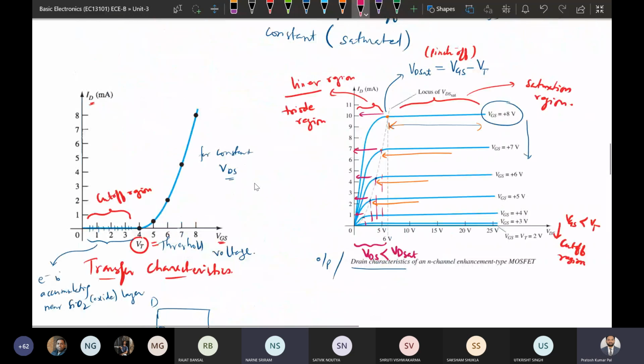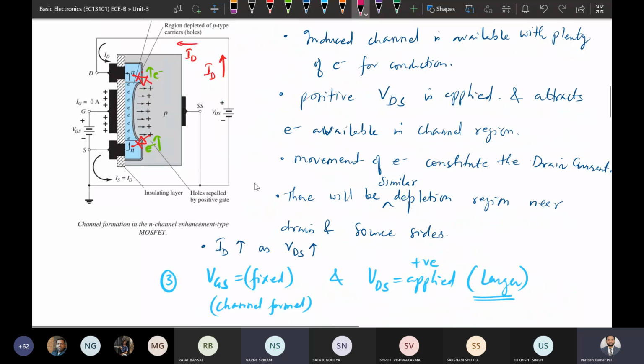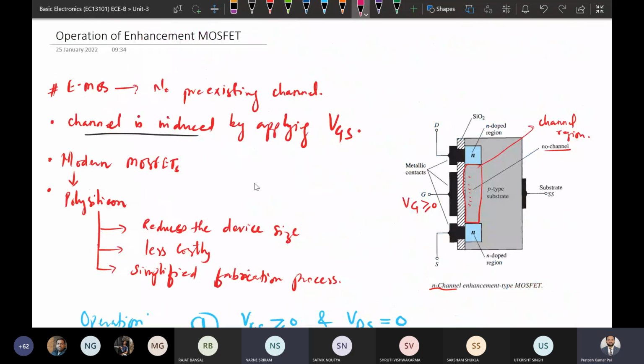In this graph, suppose this is the SiO2, this is the thickness of oxide, and this is the permittivity of oxide, represented by epsilon ox. This is the length of the channel, and this is the width of the channel.